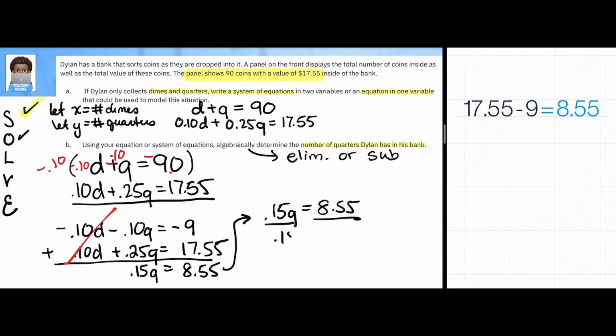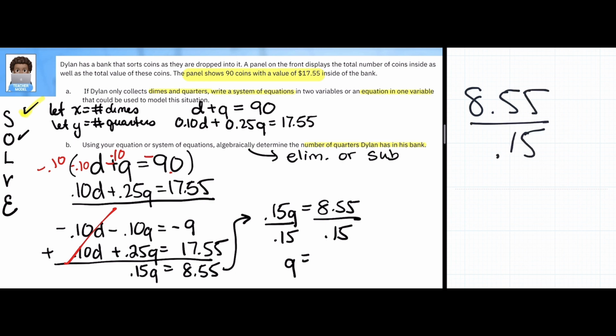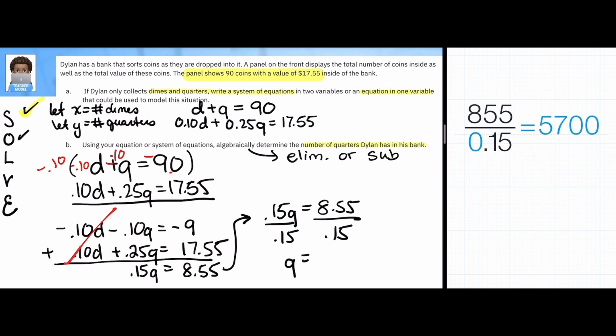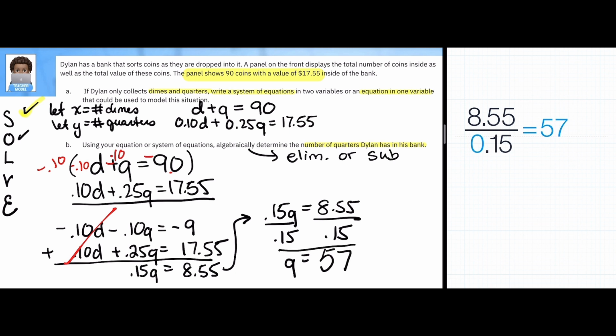Divide both by 0.15. And Q is equal to 57. So there are 57 quarters. And that was all I needed to figure out how many quarters there were. So let's hit pause and jot this down into our notes.